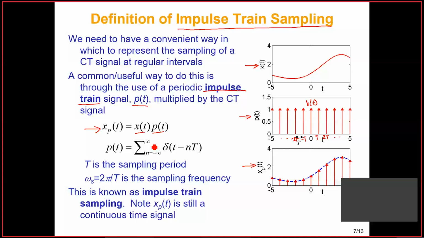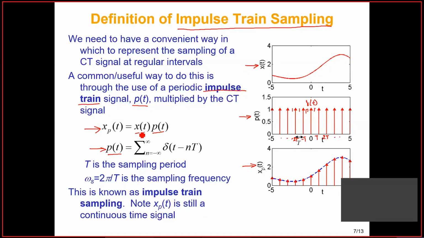And what is that impulse train? If you just mathematically write it, it is just a whole sum of shifted unit impulses. These are just unit impulses which are shifted in time, and this is basically the sum of those unit impulses.